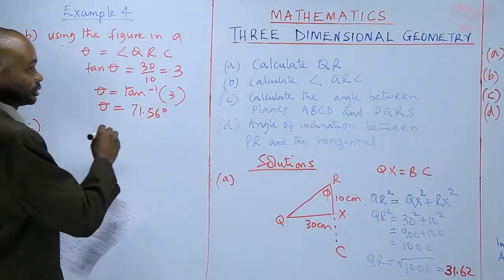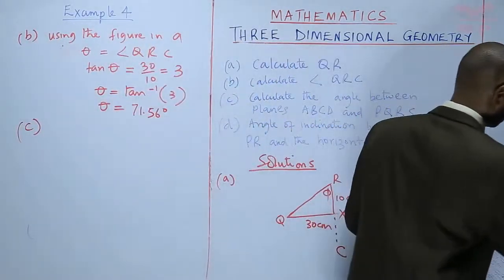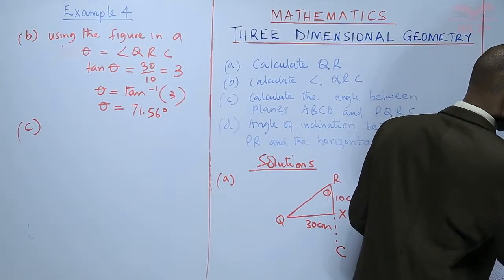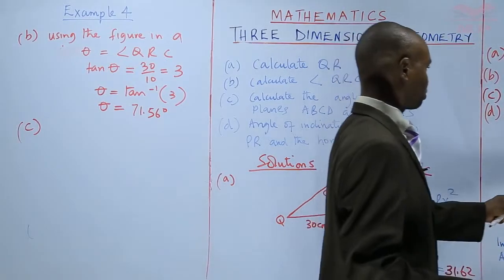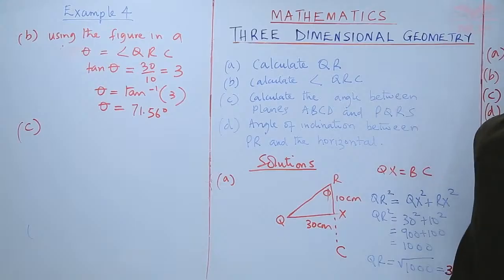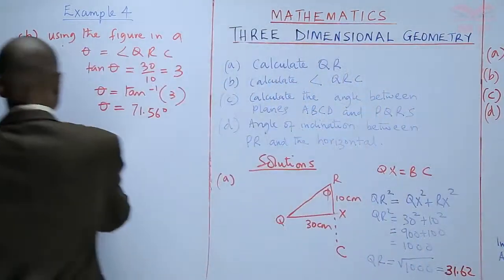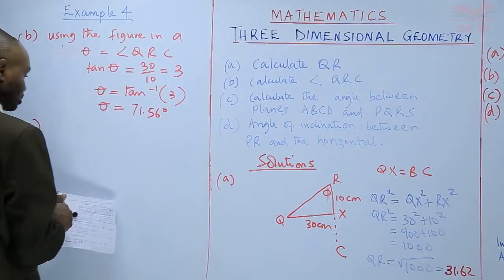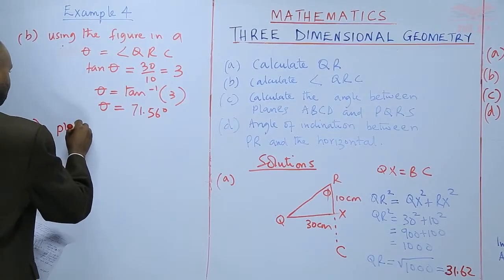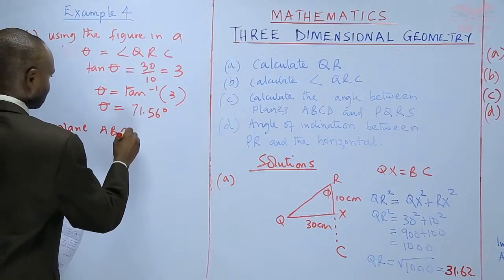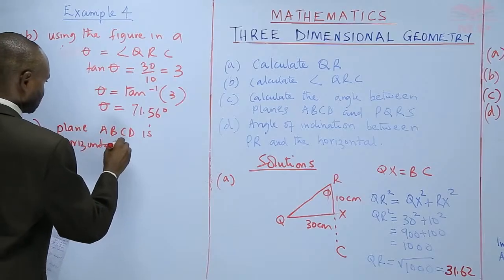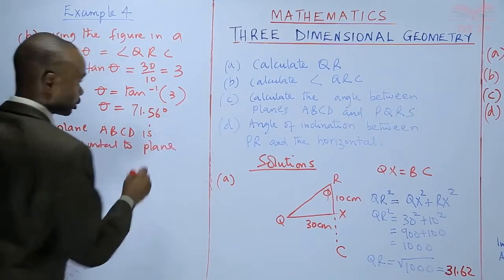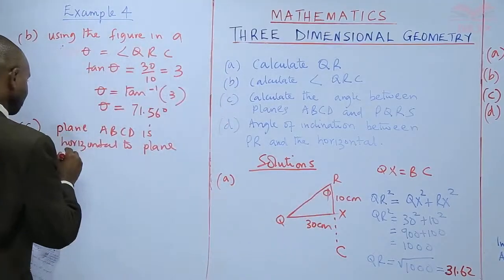Note that if we are to prolong this plane, it would look the same, it is still horizontal to plane PQXY. So you realize plane ABCD is horizontal to plane PQXY.